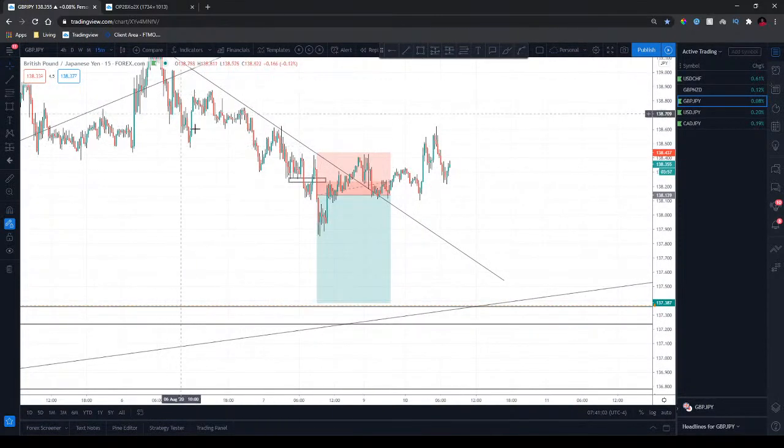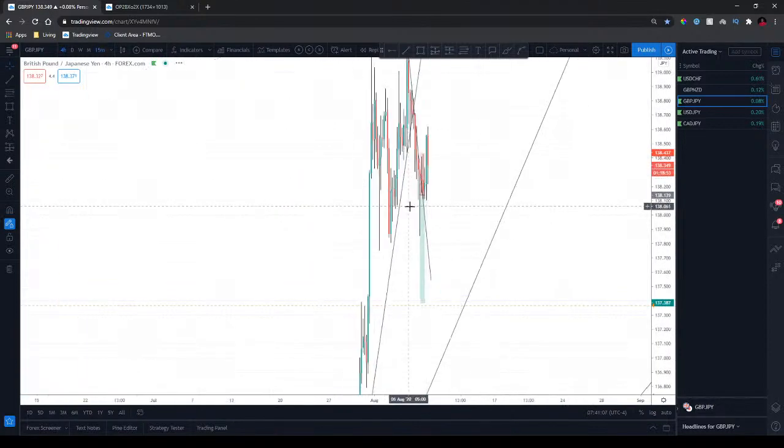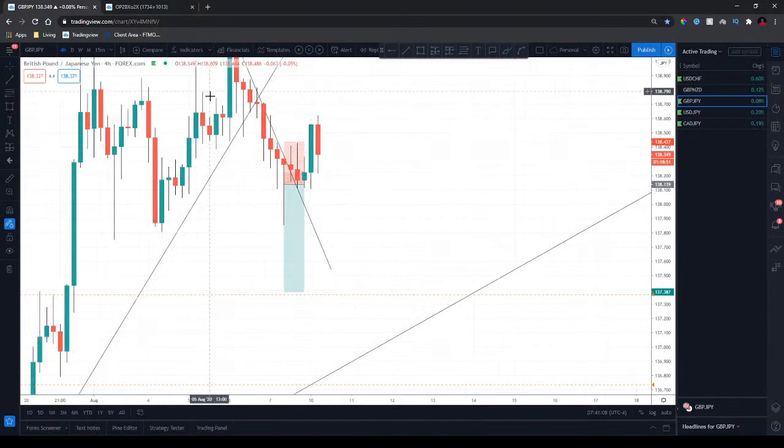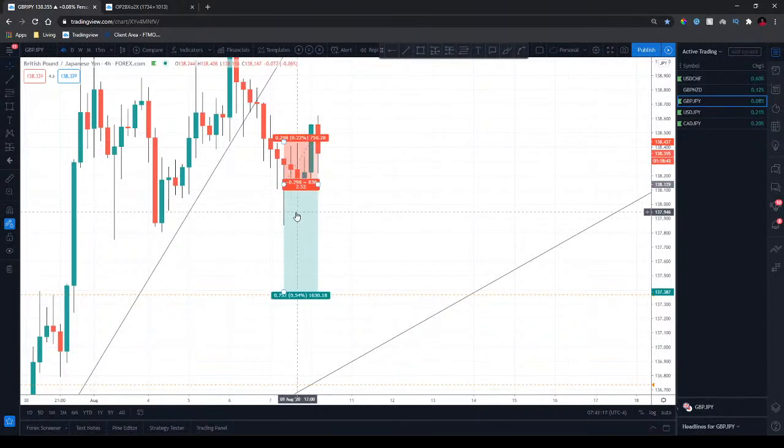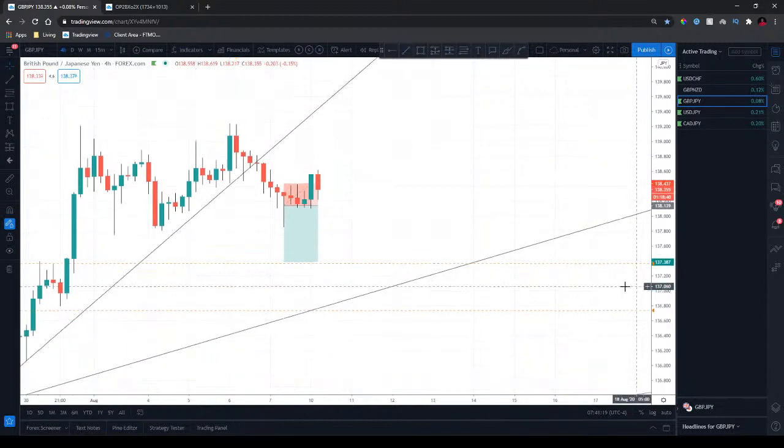Regardless, we had a trend line break on the 4-hour time frame. We saw this as an impulse. We're looking for price to come down a little bit lower, or at least I would like price to come down a little bit lower before continuing down, or before continuing up if it wants to continue up.